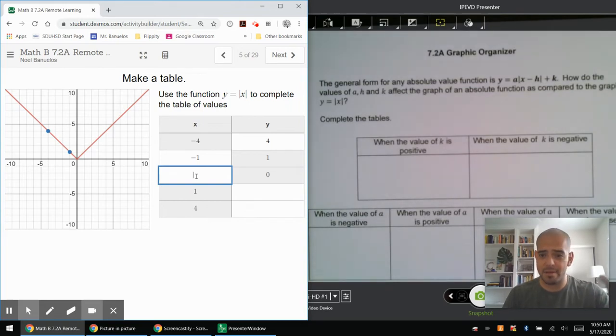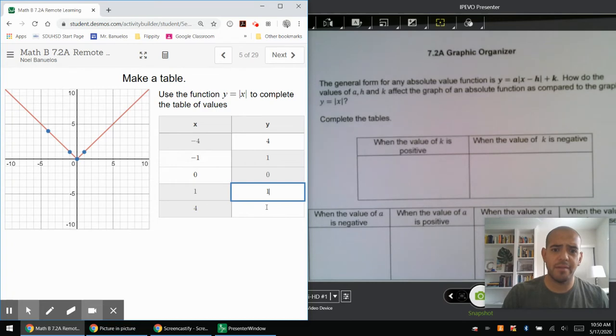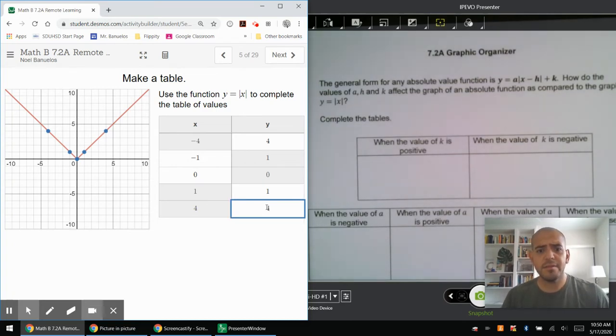If I did something wrong, you'll see a dot appear off the line. The absolute value of 0 is 0. The absolute value of 1 is 1, and the absolute value of 4 is 4. So the absolute value function is, like I said, a V shape.